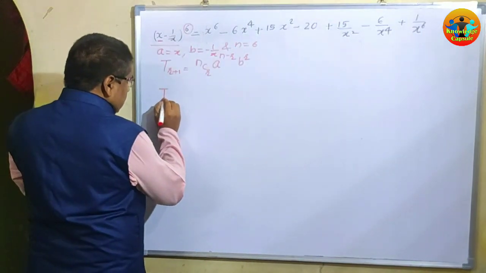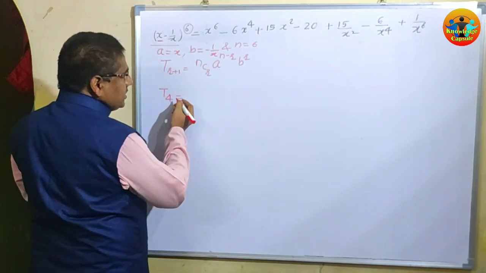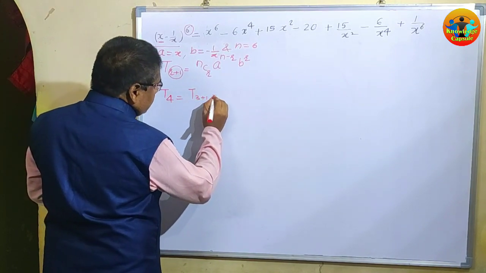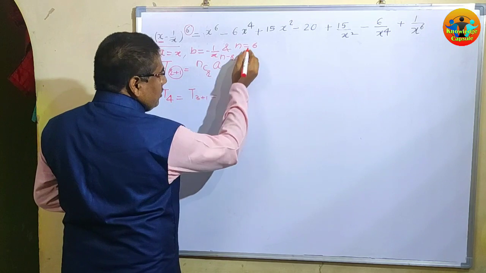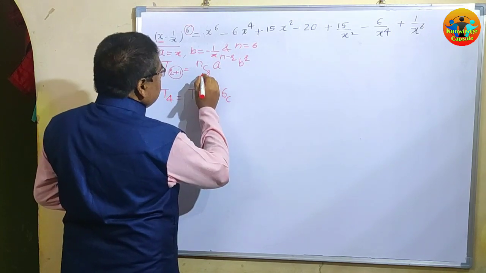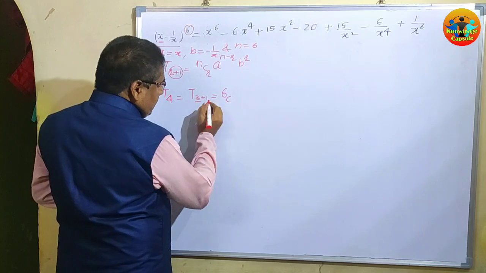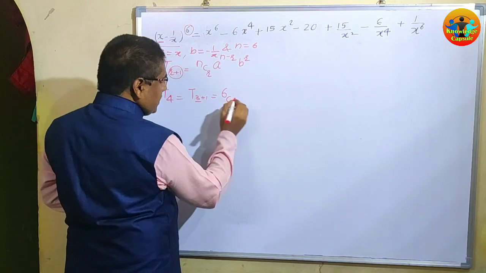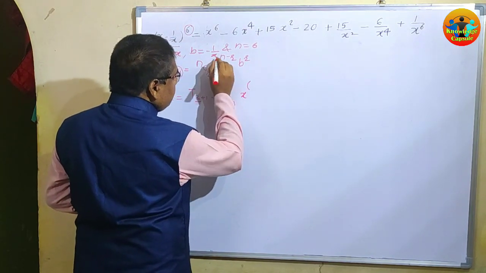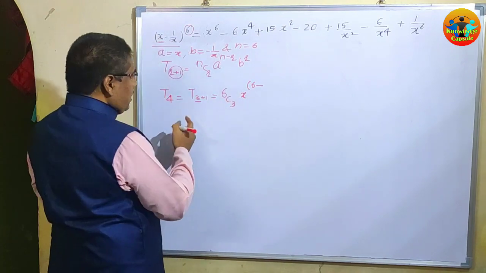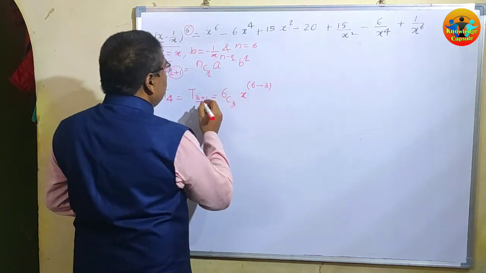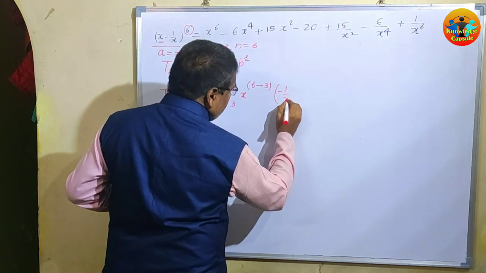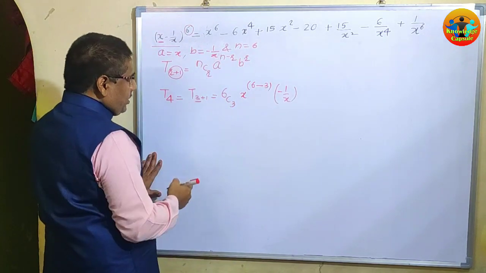We want to find the fourth term, that is T4, which can be written in this r plus 1 form, T(3 plus 1) is equal to NCr, value of n is 6, 6C3, a raised to n minus r, value of a is x, x raised to, value of n is 6 minus r value is 3, into b raised to r, b is minus 1 by x raised to r, r value is 3.